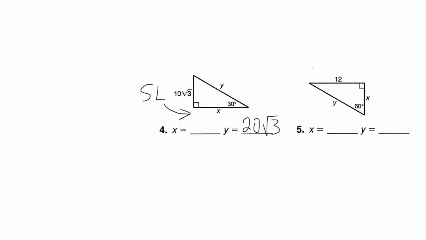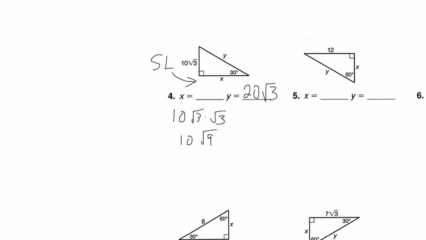Double it. So it's going to be 10 square root of 3 times the square root of 3. So that's 10 square root of 9. 3 times 3 is 9, and the square root of 9 is 3. So 10 times 3 will be 30.